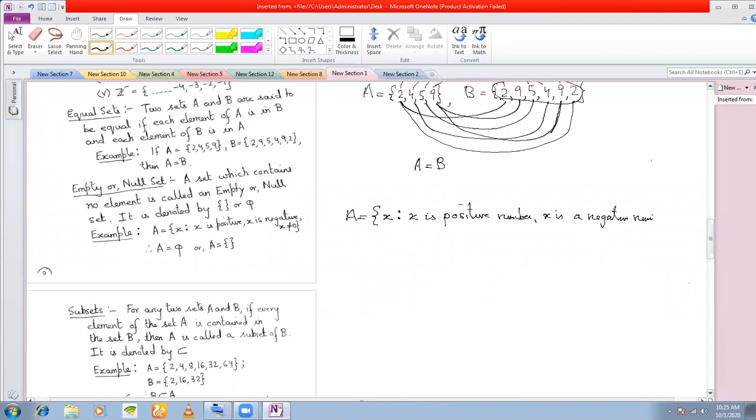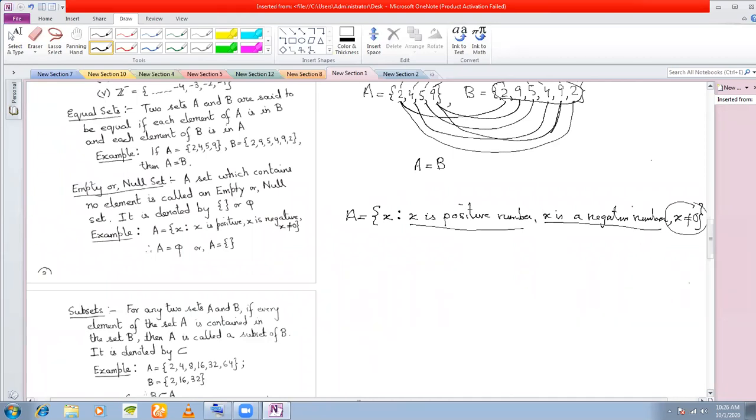Is it possible that x can be positive and negative at the same time and x not equal to 0? So what is x? There are three ways in which they have defined x. That x is a positive number, okay? x is a negative number, okay? It is positive and negative at the same time, and x is not equal to 0. So three definitions of x they have given inside the set.